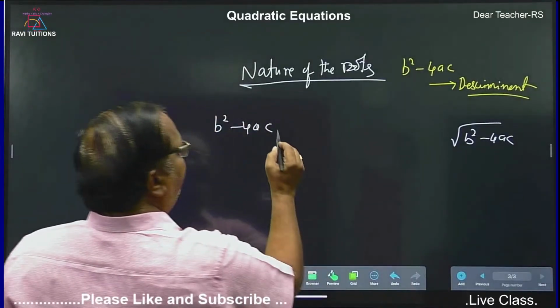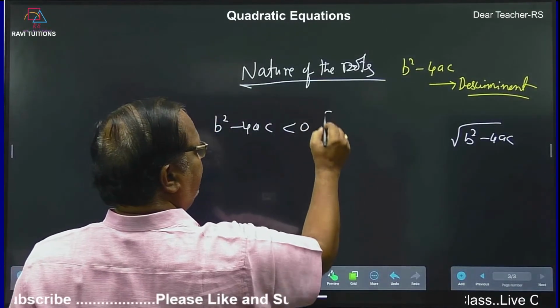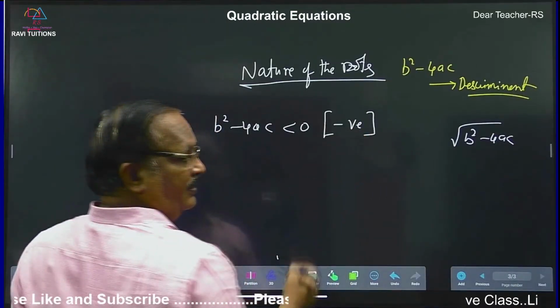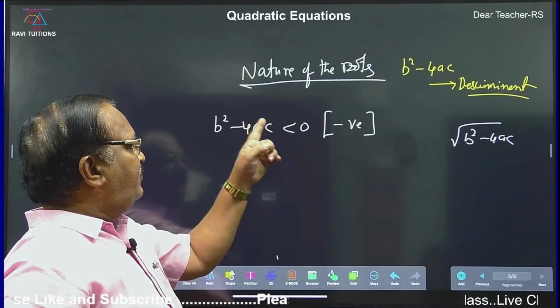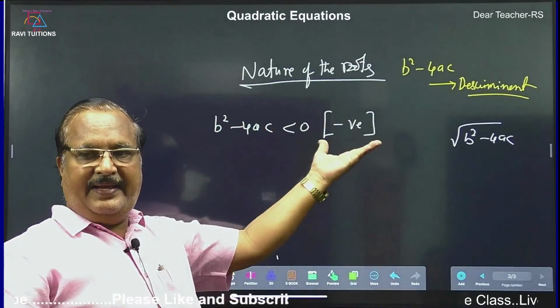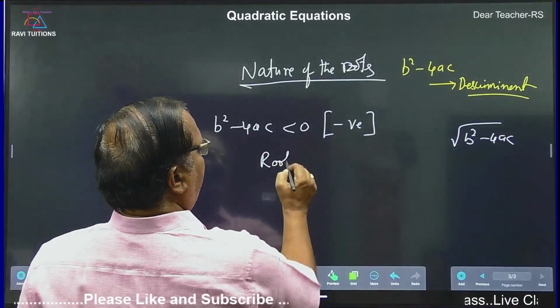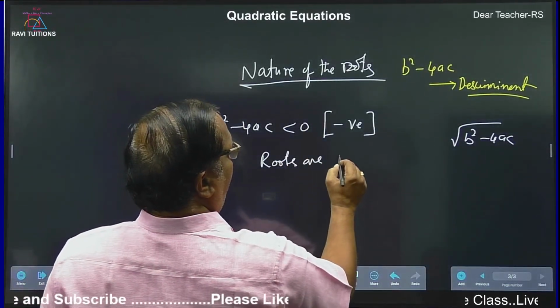If it is less than 0, that means it is a negative value. If b square minus 4ac is less than 0, that means a negative value, then the roots are not real.